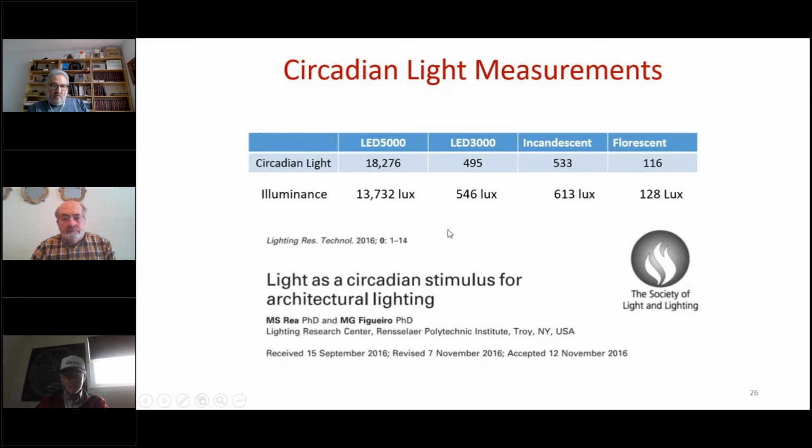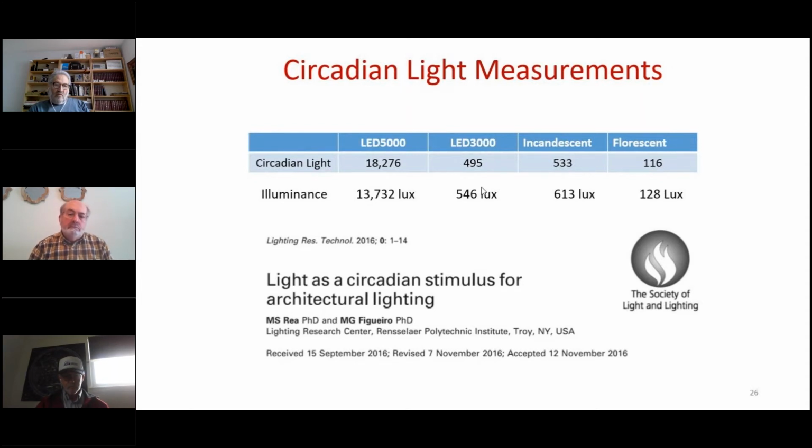So two questions come to mind here when we look at these. First of all, someone may ask, why is the LED 5000 so high in lux and the LED 3000 so low? The simple answer is, when I was measuring it, because it was a measurement in real time, I kept the LED 5000 very close to the detector, and I did not keep the LED 3000 close to the detector.